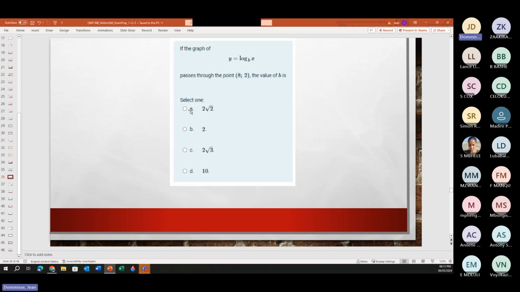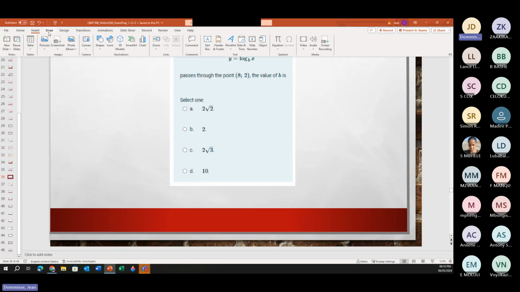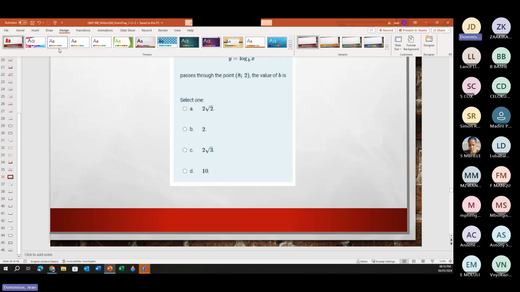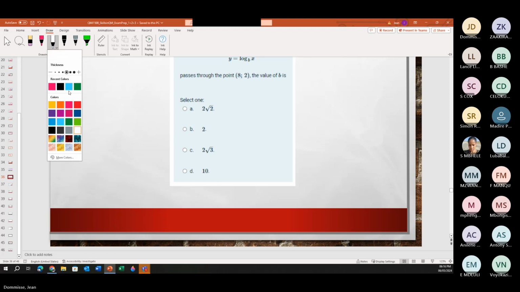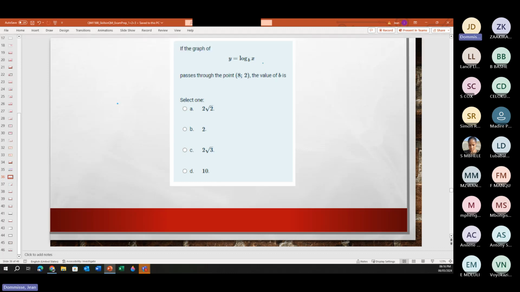So again, some of you have nice calculators that when you look at something like this, you can just substitute. So let's first write out the process, and then let's see if we can substitute or we need to get an answer. So in the graph, we've got a log graph, and what they say is this passes through the point 8 and 2, and we will need to calculate the value of b.